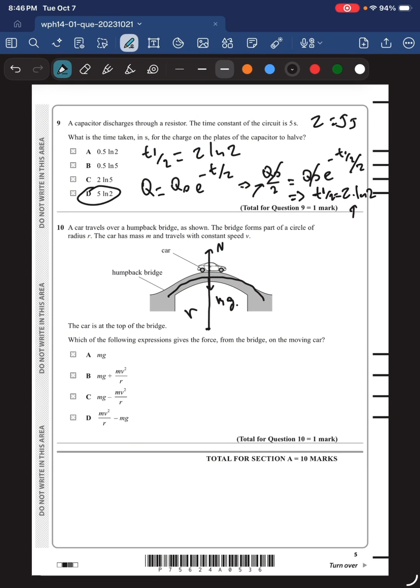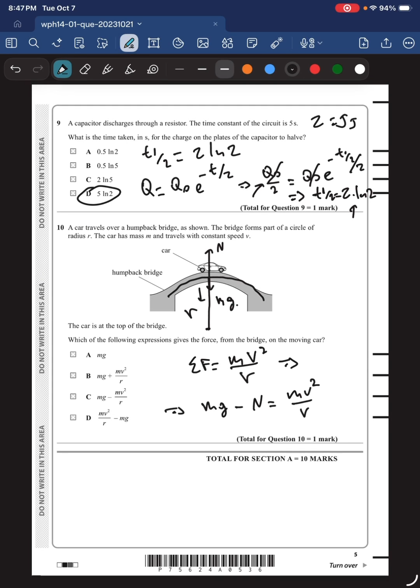We need the total force that points inwards in this direction to be equal to the centripetal force, right? In order to have circular motion, okay? So that's the rule. The total force has to be mv squared over r. Therefore, we need mg minus N to be equal to mv squared over r.